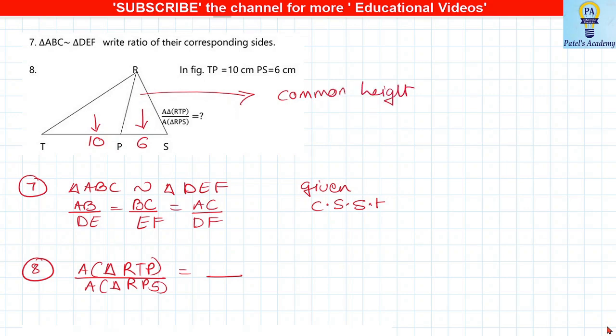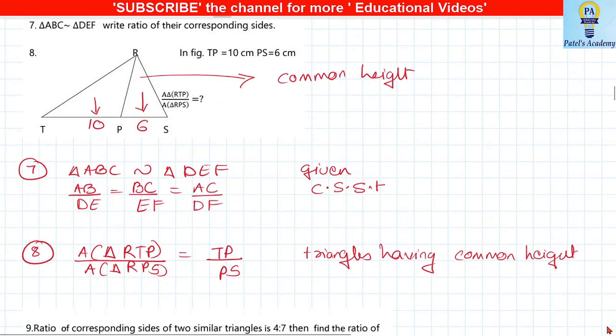So what I'm going to write is that this is equal to TP upon PS. Reason, triangles having common height. Or you can even write down triangles having same height. So that is equal to 10 upon 6. We just reduce, 2 3s are 6, 2 5s are 10, so the answer is 5:3. Okay, that is the eighth one.